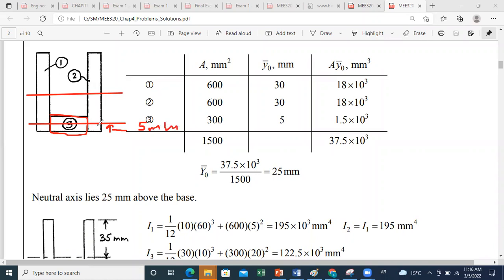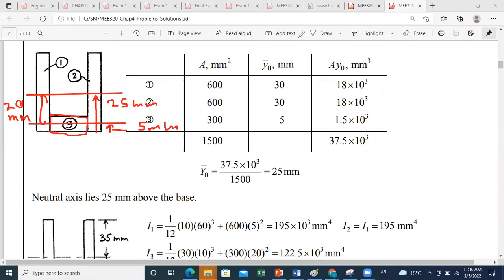And since the neutral axis is at 25 millimeters from the bottom, the distance between these two axes is the difference between 25 and 5.